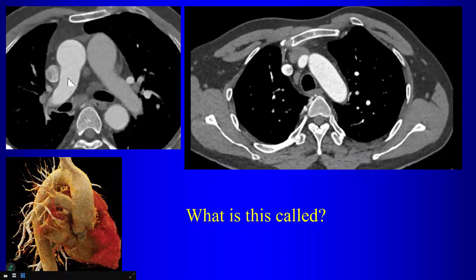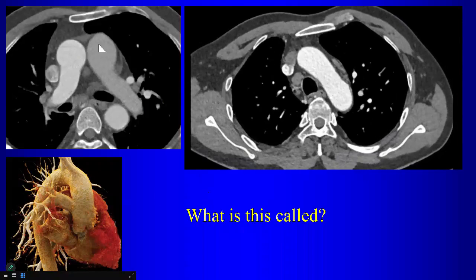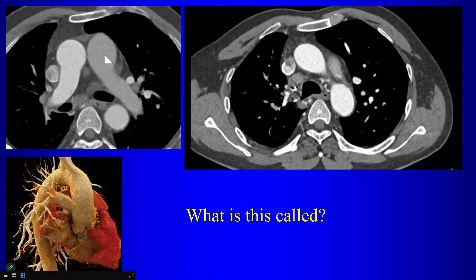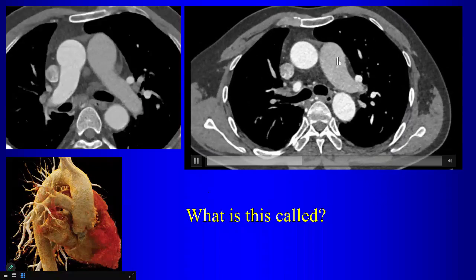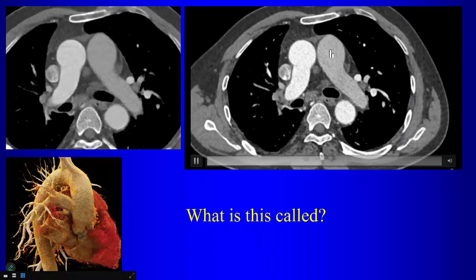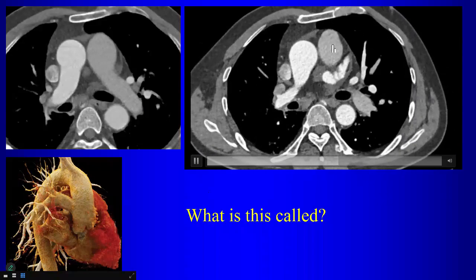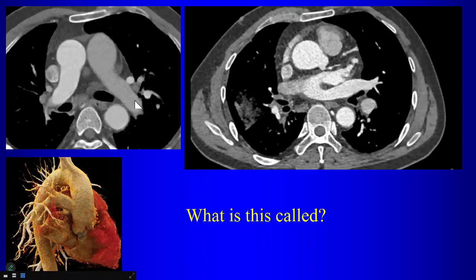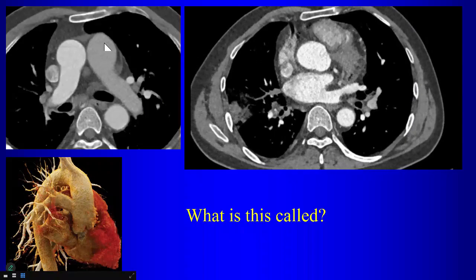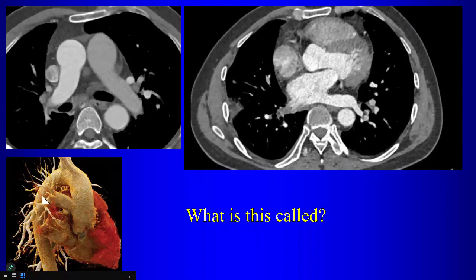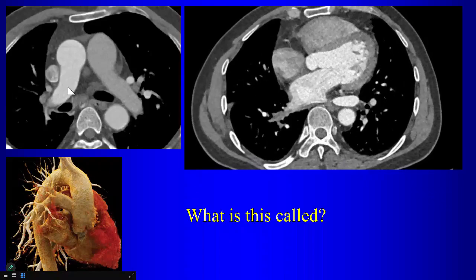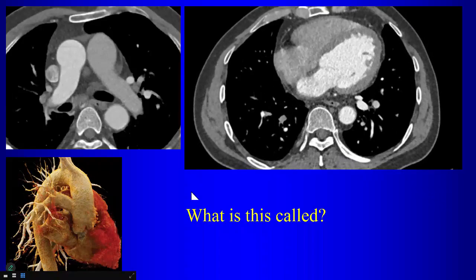Pulmonary artery? Yeah, that's the right pulmonary artery. Yes, that's the pulmonary artery, but then you have the left pulmonary artery coming off the main pulmonary artery, but the right pulmonary artery is coming off the aorta, right?